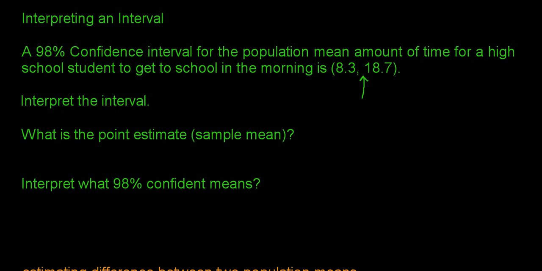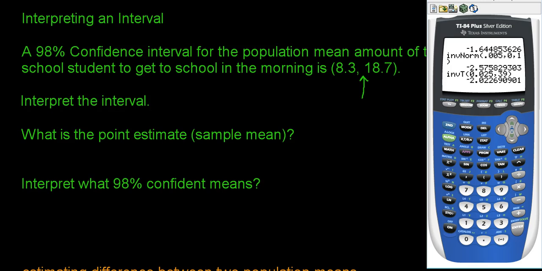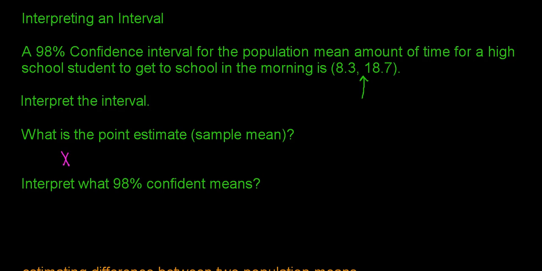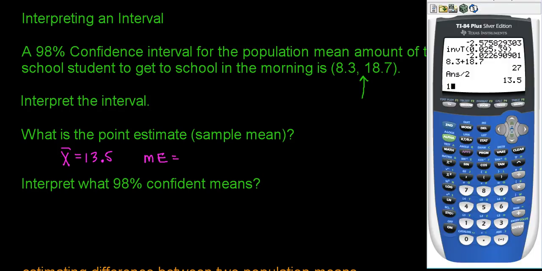So all you have to do to find that sample mean is add together 8.3 and 18.7 and then divide by 2. The dead center will be your sample mean. That means my sample mean must have been 13.5 minutes. That was the mean of my sample, and then I calculated my margin of error. By the way, we could also find our margin of error because all I got to do is take the 18.7 and subtract the center.